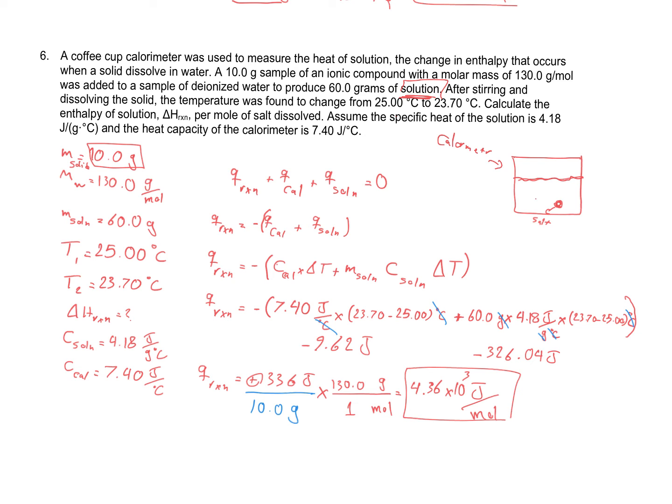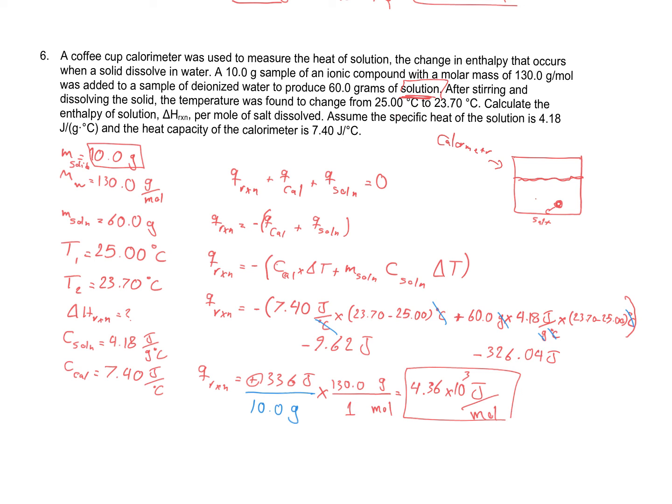So basically in calorimetry questions, you write down any Q that might happen in the calorimeter, and the sum of all of them should be 0. So you have Q of the reaction, Q cal, and Q of solution, and they're all equal to 0.